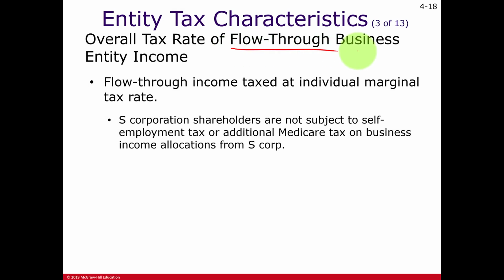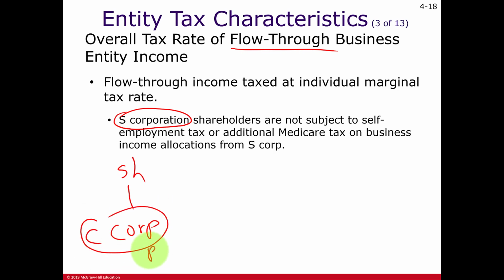Let's again look at flow-through, specifically S corporations. If you remember, corporations are owned by shareholders. Here's our corporation. And a C-type, their profits would be taxed at the corporate level, and the shareholder would not pay any taxes on these profits unless it was distributed to them as a dividend. And that would be double taxation.